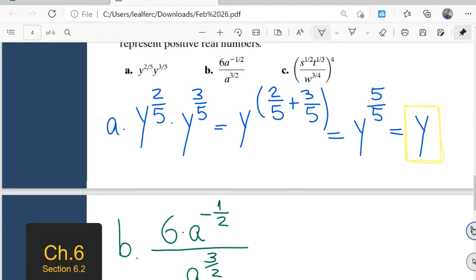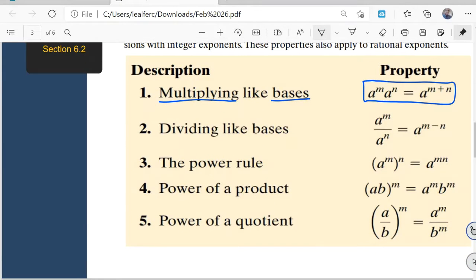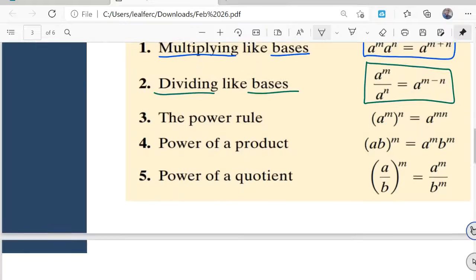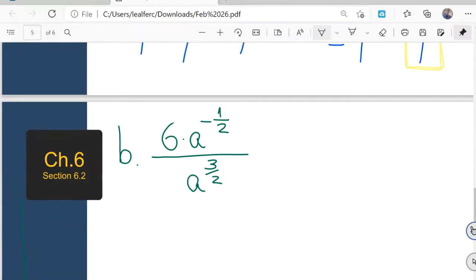Go back to the table, check what kind of property this is, and this is a division of like bases. We will apply this one. We need to subtract the exponents. So let's work on the subtraction of those exponents. 6, you just keep the 6 as it is, and a is the like base, right? A is the like base.